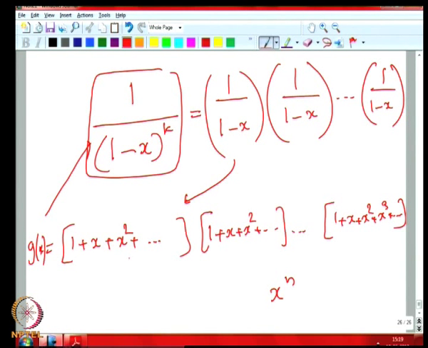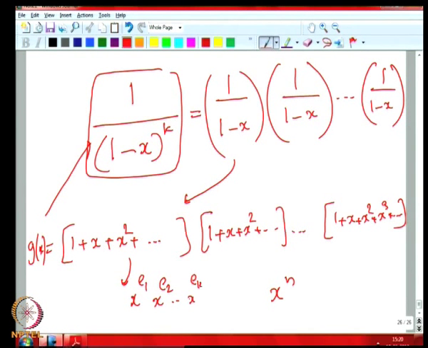For instance, I can take an x raised to E1 from this, another x raised to E2 from this, and finally x raised to Ek from the last.